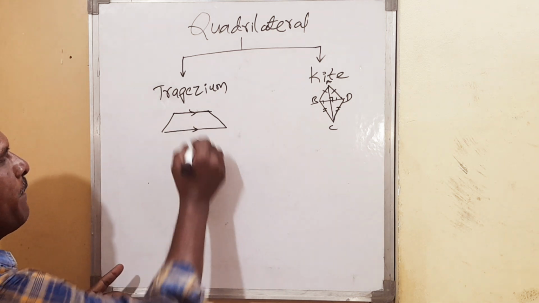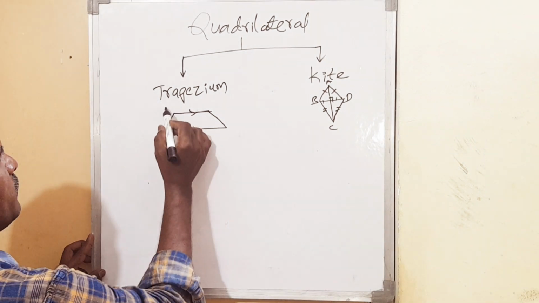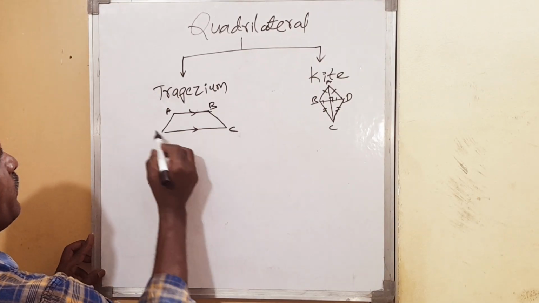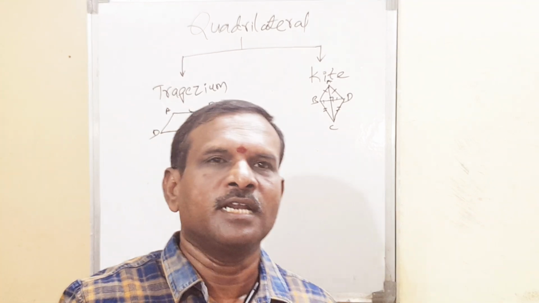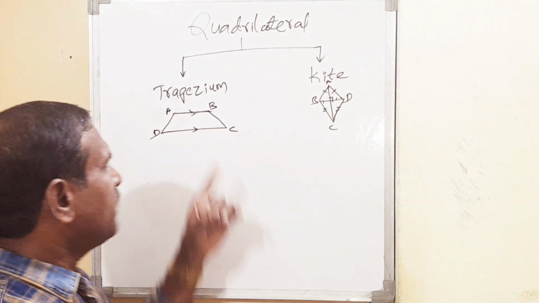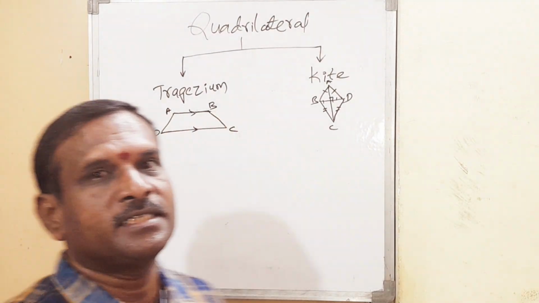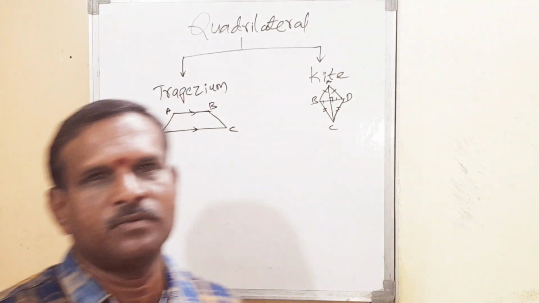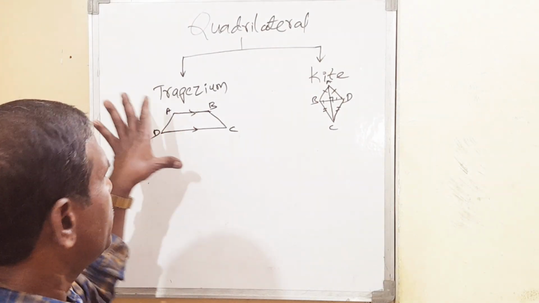If you name this A, B, C, D, here AB is parallel to CD. This is a trapezium. If the remaining sides are also equal, if AD is equal to BC, that is called an isosceles trapezium. While discussing the trapezium, again we will discuss all these.